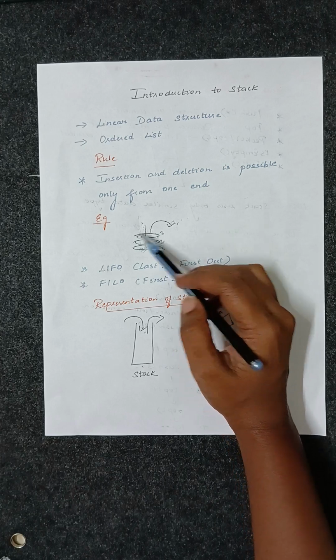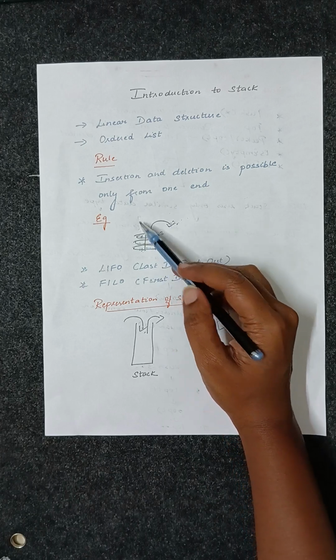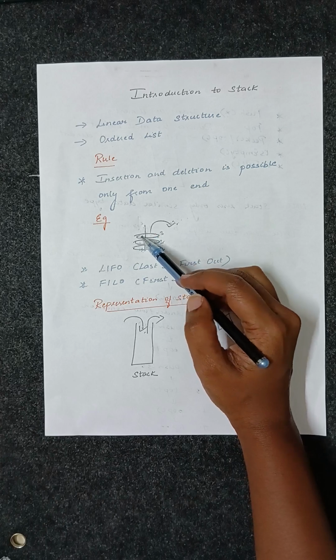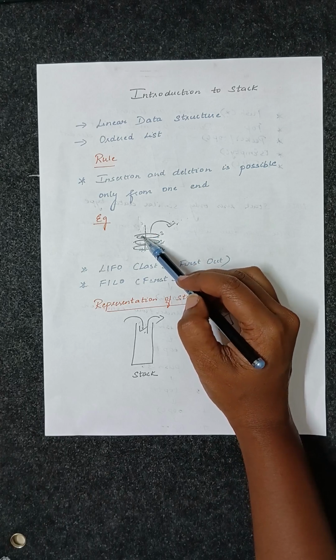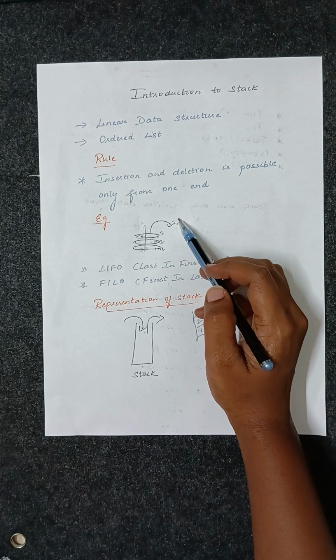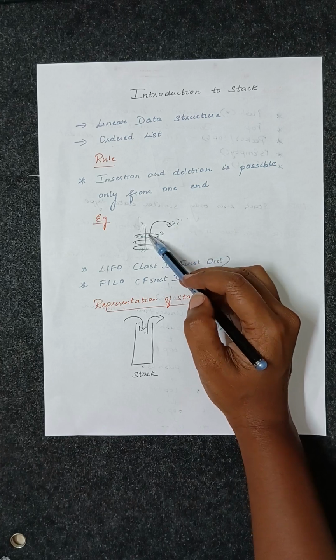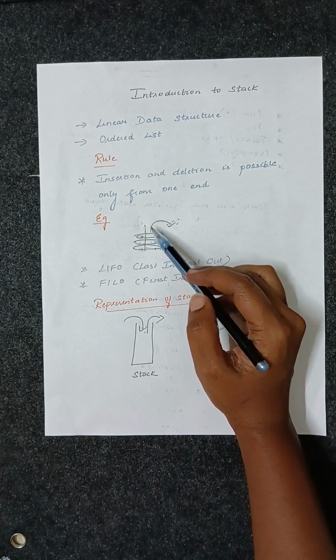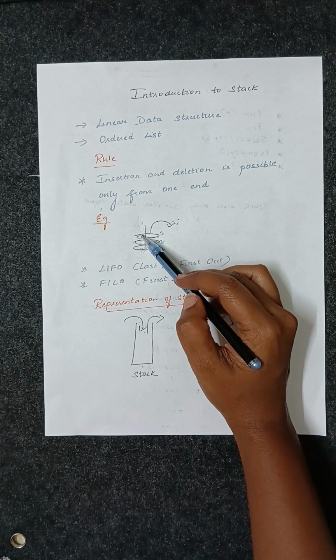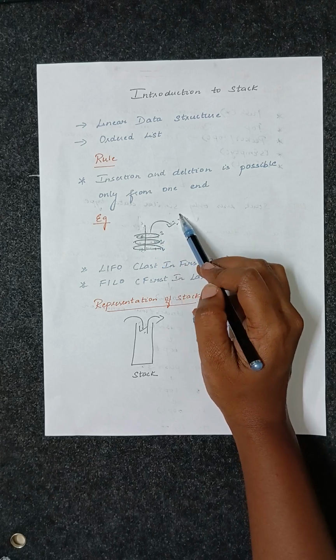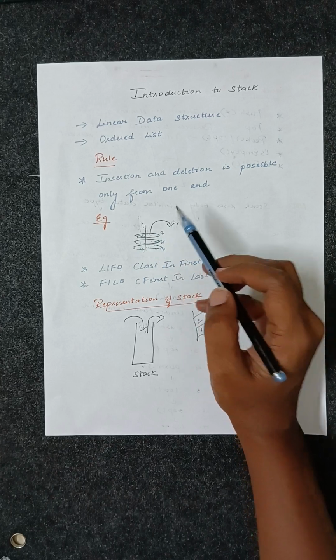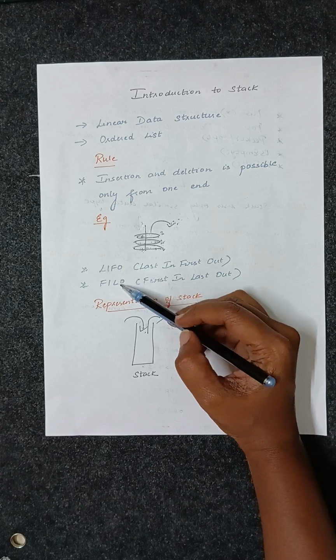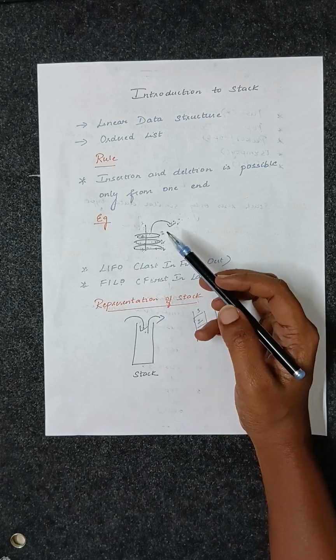If you want to remove a particular CD, the one you inserted recently, the third CD, the last you inserted, that only will be removed first. Why? Because only one end is open. So what you have inserted last will be removed first. So we call stack last in first out, or first in last out.